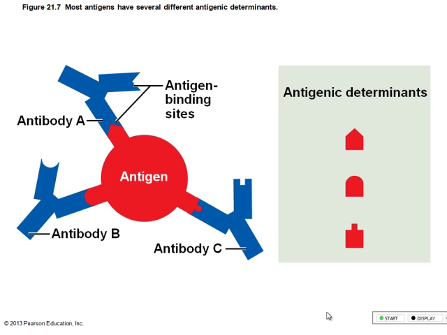So I'm either going to phagocytize it, or I'm going to run over with my little spear if I'm an NK cell and poke holes in it, or if I'm complement, I'm going to see that there's a big complex there, and I'm going to throw a little membrane attack complex on it and poke a bunch of holes in it. You see where I'm going? But antibodies are very specific. They will only attach to the very specific antigenic determinant that they were created for.